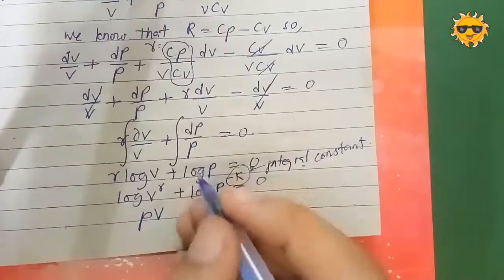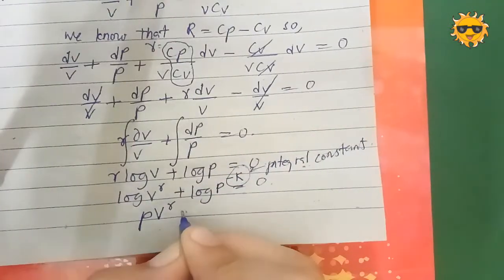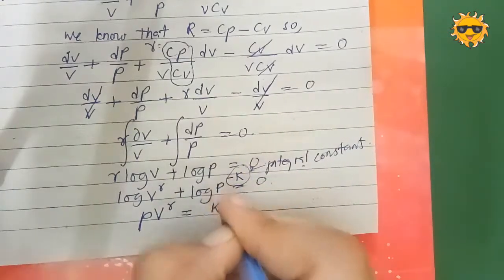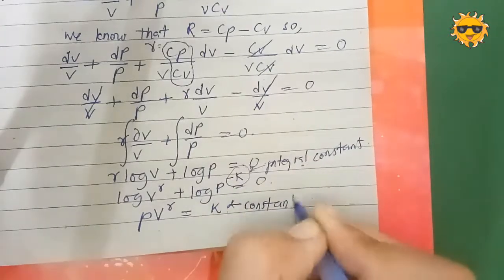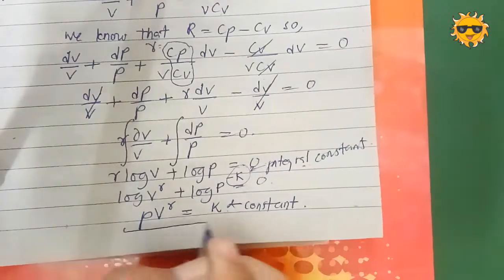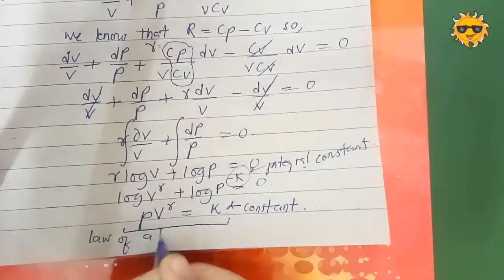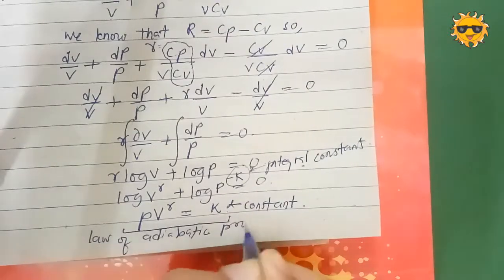Now let's take that constant to the other side, and on the left hand side we have PV raised to gamma is equal to k, that is constant. That is known as the law of adiabatic process.